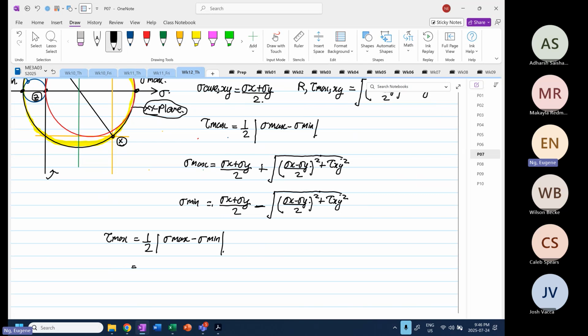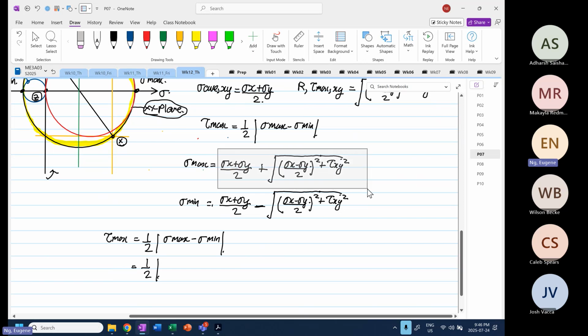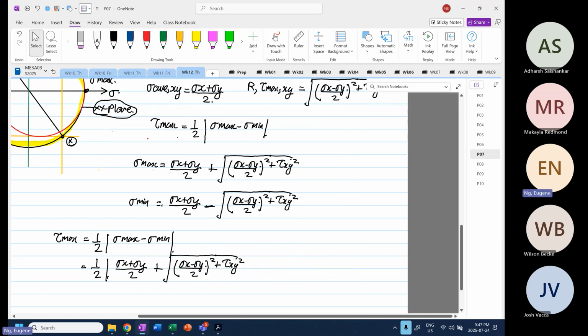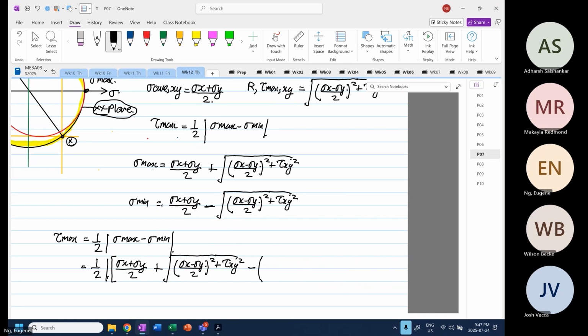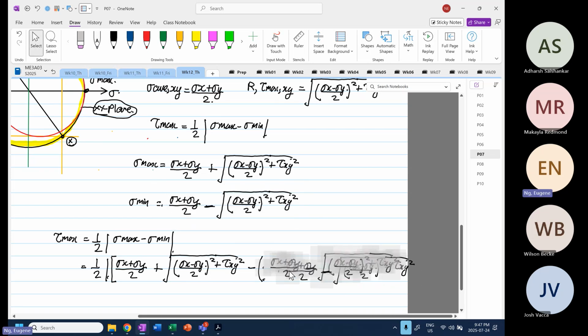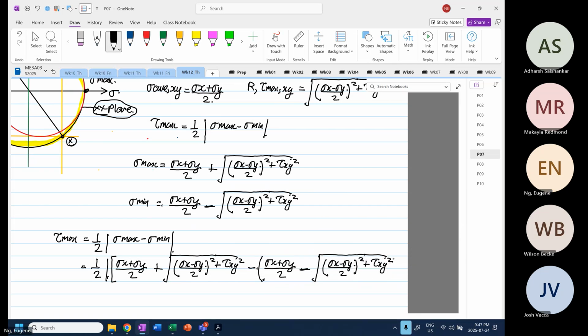So this will be equal to half, stress max, I'm going to put this entire thing in, and then we are going to minus the other value, in square bracket and absolute.